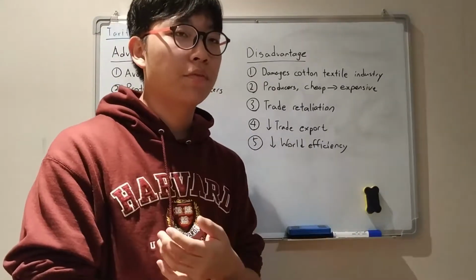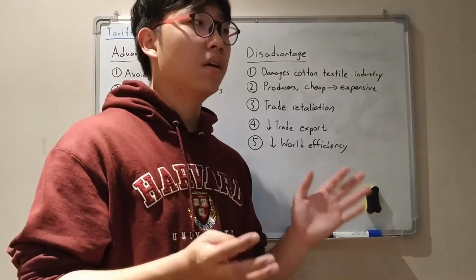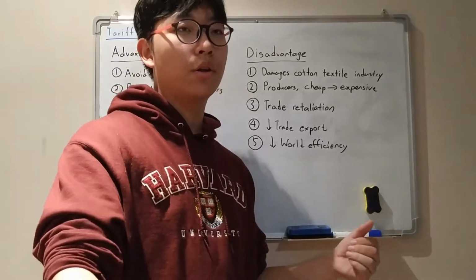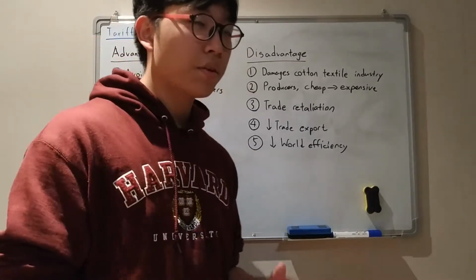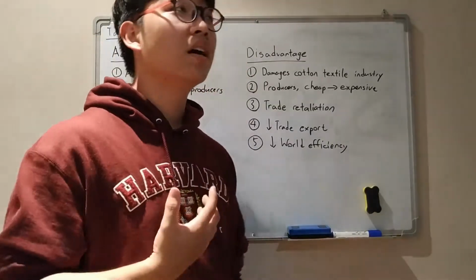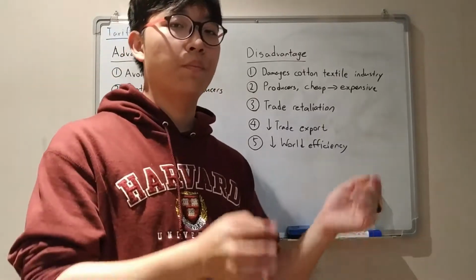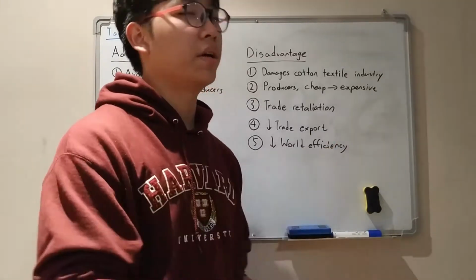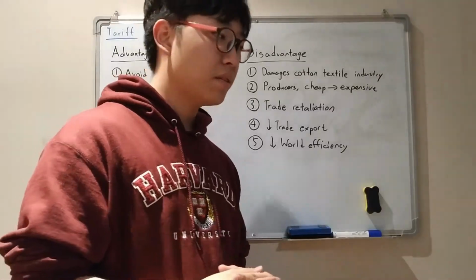And if you're capable of dumping, it is usually that the country that is dumping has a comparative advantage over the other country that is struggling. And there's a decrease in world efficiency because a less efficient producer, the Pakistani cotton producers, are trying to fulfill the domestic demand.